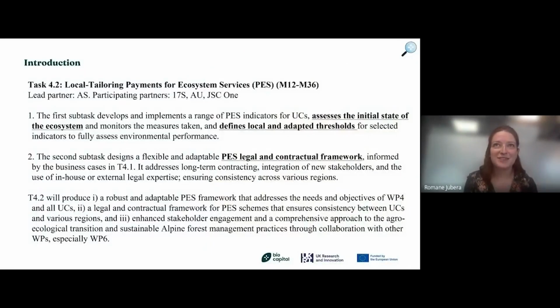Oh no, I have just one more thing to tell you. Just as an introduction, I wanted to remind you of the different tasks that we have on PES. It's task 4.2, local tailoring payments for ecosystem services, with AgroSolutions as a leading partner.